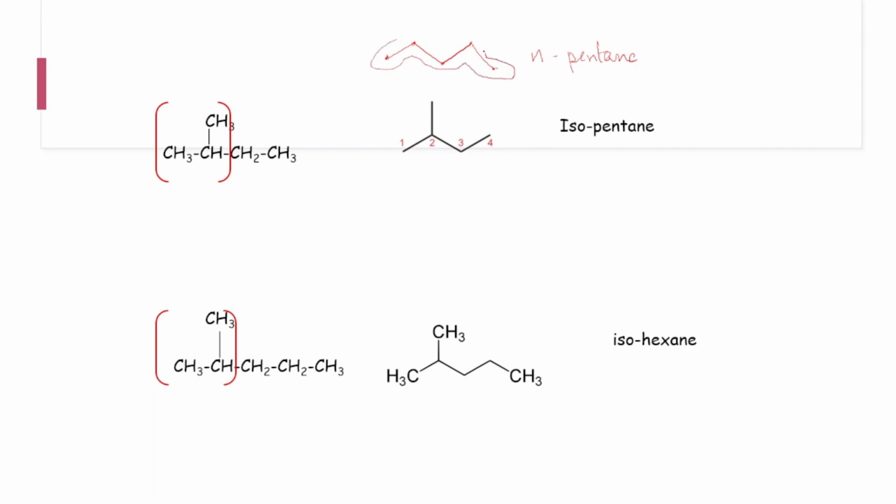But if I have an alkyl group here at carbon number 2, and specifically a methyl group, now I have iso.